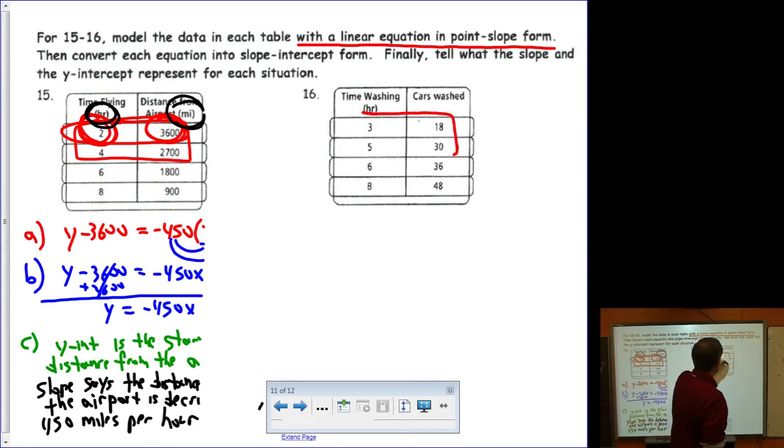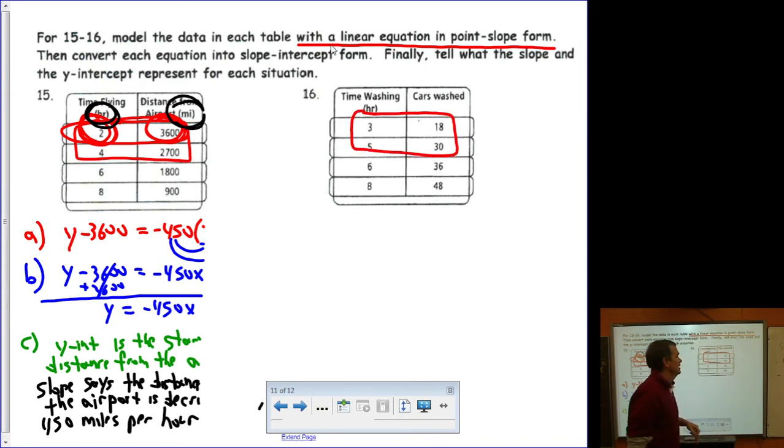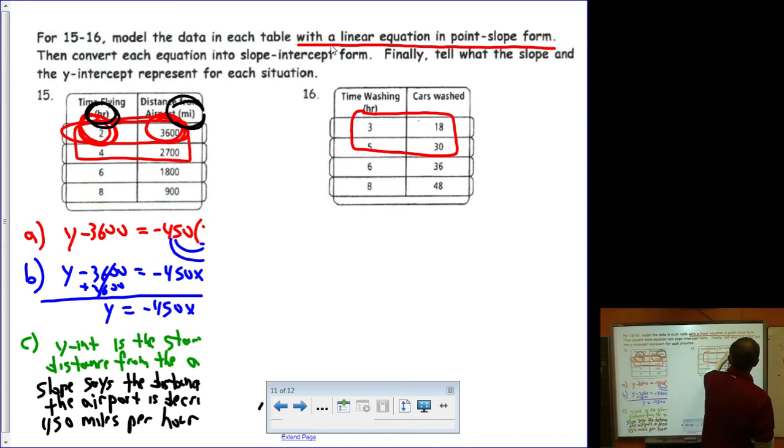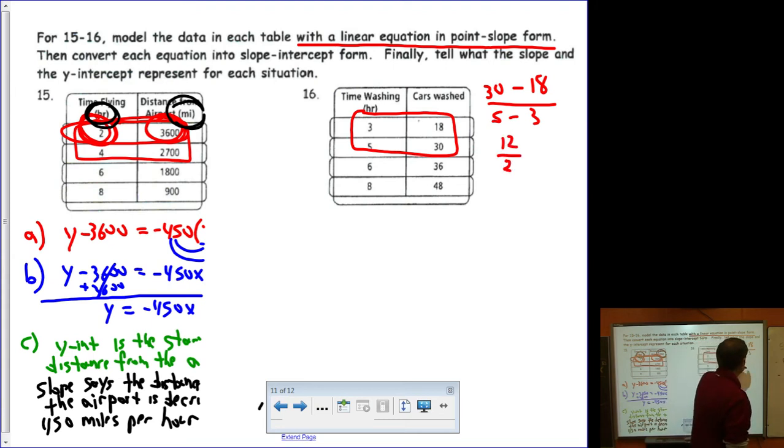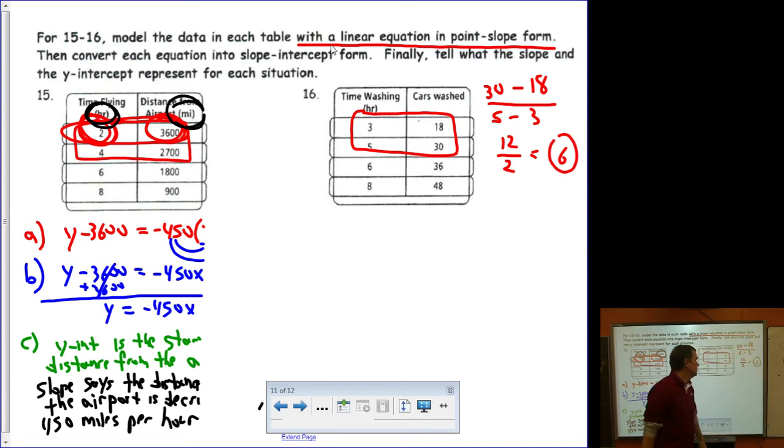I'm going to go ahead and take these first 2 points and use them to calculate the slope. So the slope would be the y value minus the y value over the x value minus the x value. Or in this case, that would be 12 over 2, or 6. The slope of this line is 6.